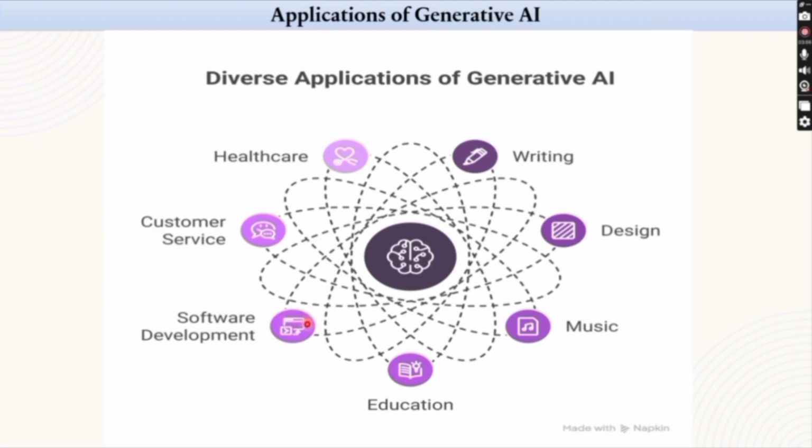In software development, it can help write code or fix bugs in software. It is also used in customer service to create powerful chatbots that respond naturally to customer questions. In healthcare, it helps in generating medical reports or analyzing data to predict outcomes. These are just a few of the many ways generative AI is helping people in their daily work.